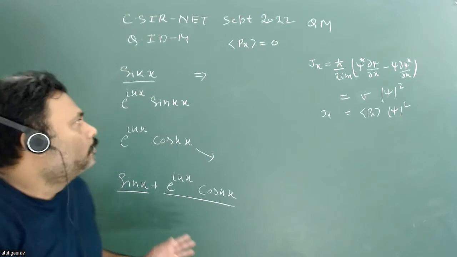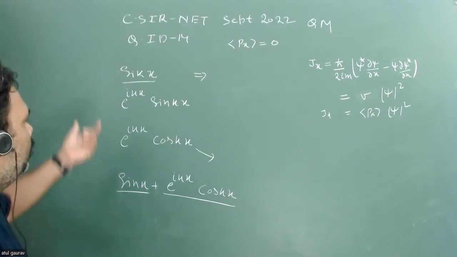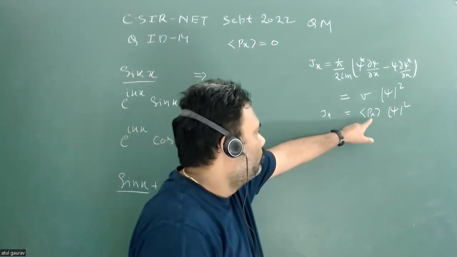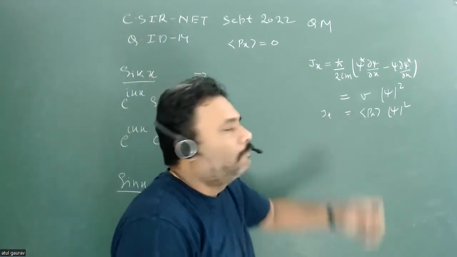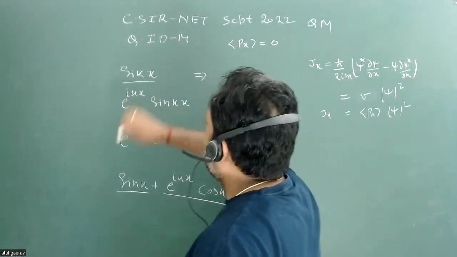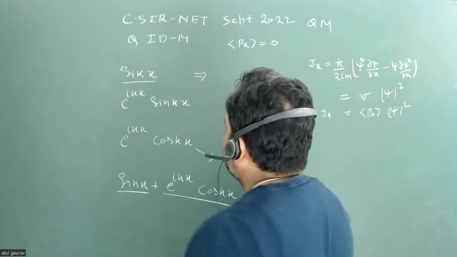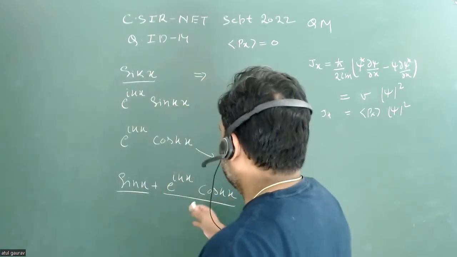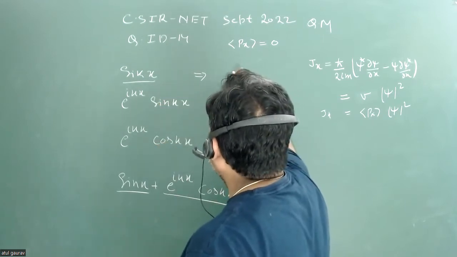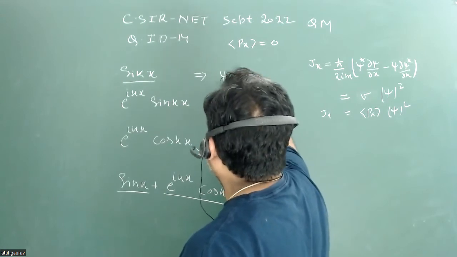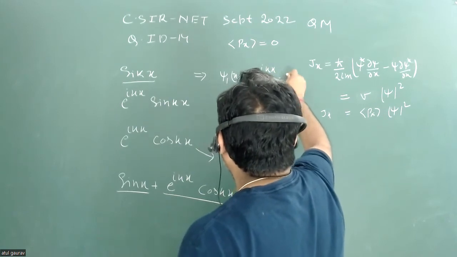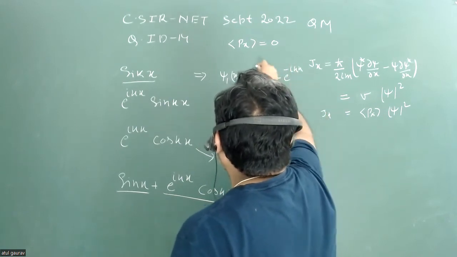So we can directly calculate the current density, which is very easy. Look at the first option. Suppose this is my ψ1(x), proportional to e^(ikx) minus e^(-ikx).